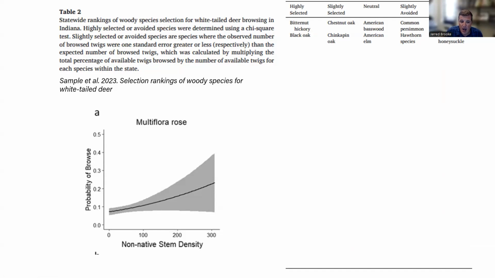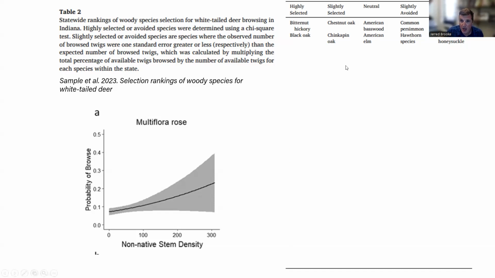So if you have a woodland that's dominated by native species, the likelihood that deer are going to browse multiflora rose is pretty low, but as you increase the invasive species in your woodland, the more likely you are to see browse on multiflora rose, which tells me that multiflora rose is one of the species that's often avoided but used as like an emergency food.